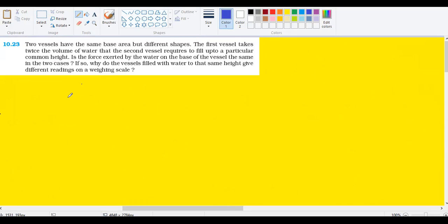The first vessel takes twice the volume of water that the second vessel requires to fill up to a particular common height. Is the force exerted by the water on the base of the vessel the same in two cases? So why do the vessels filled with water to that same height give different readings on a weighing scale?